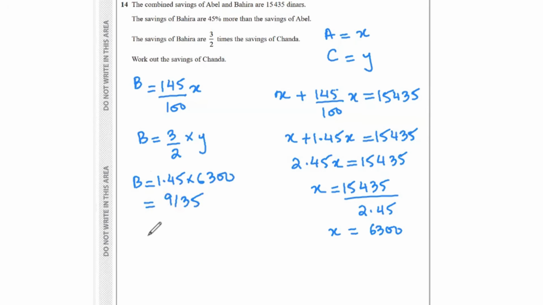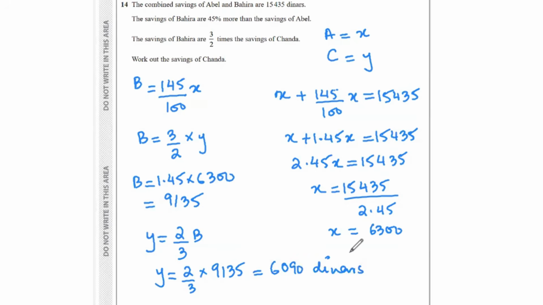So for Chanda, that's now 2/3 of Bahira. So that's 2/3 of 9,135, which is equal to 6,090 dinars. That is her savings.